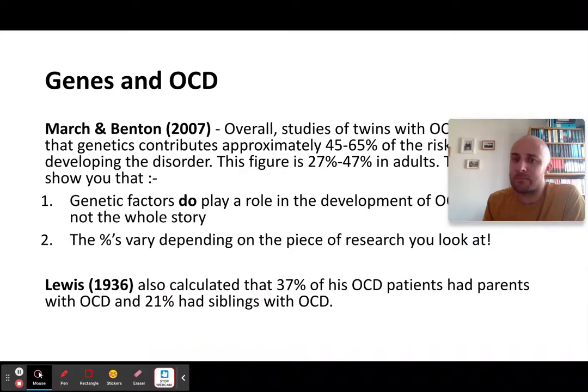If 37% of Lewis's patients have got parents with OCD, 21% have got siblings with OCD, clearly there is a genetic link, you would think. However, it might also be worth pointing out that not only do their OCD patients share genes with parents and siblings, they also share environments with them as well. So how can you say that the OCD patient has got OCD because of their parents' genes, etc., etc.?